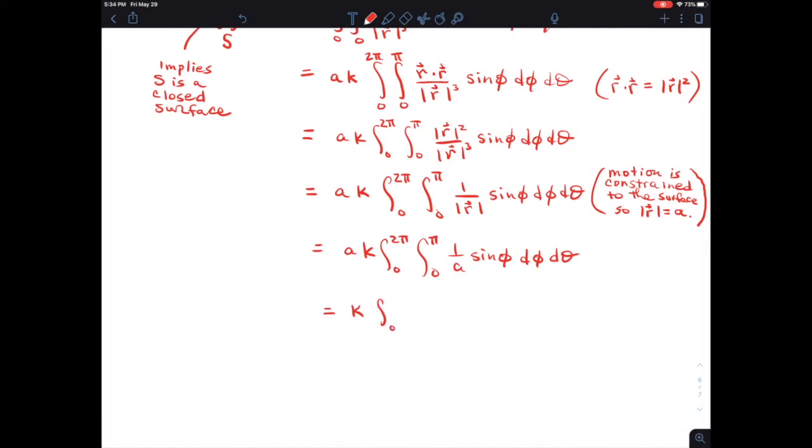Integral of 0 to 2 pi, integral of 0 to pi, and I just get sine phi d theta. Okay, that's fine. And you could do that. You could do the painful process. But I like to avoid integrating when I can.